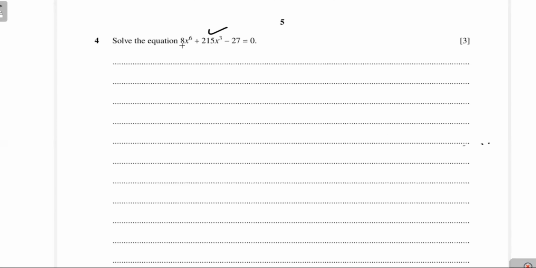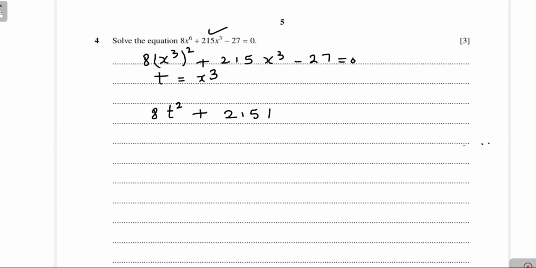Number 4, solve the equation 8 into x power 6 plus 215 x power 3 minus 27. We can write it as 8 into x cubed whole square plus 215 x power 3 minus 27 equal to 0. We substitute t equal to x power 3. Therefore, this equation becomes 8t squared plus 215t minus 27 equal to 0.